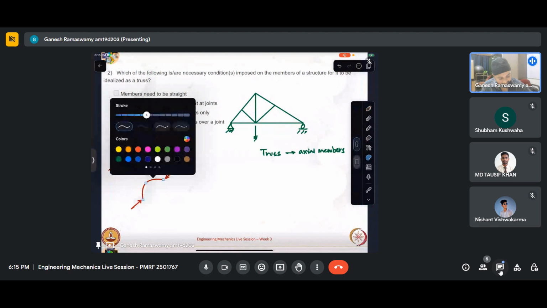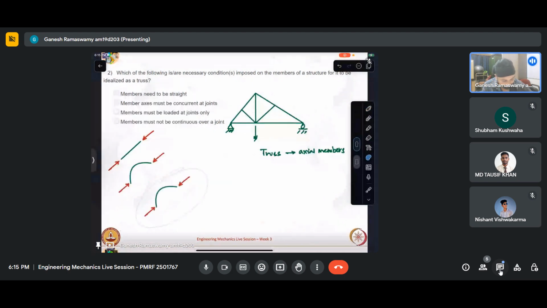So what happens now is, let us say I try to draw the free body diagram. I take a section somewhere, I take a cut here, and I draw the free body diagram for the rest of the portion. This is in equilibrium, so it has to be balanced by a force like this.